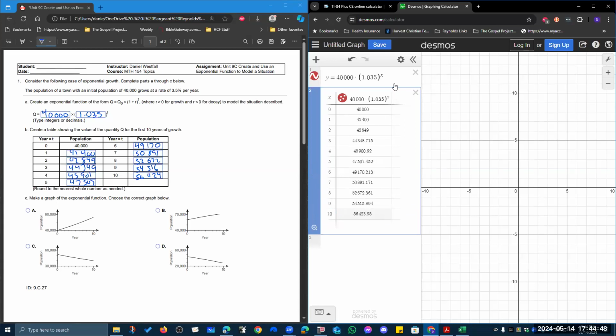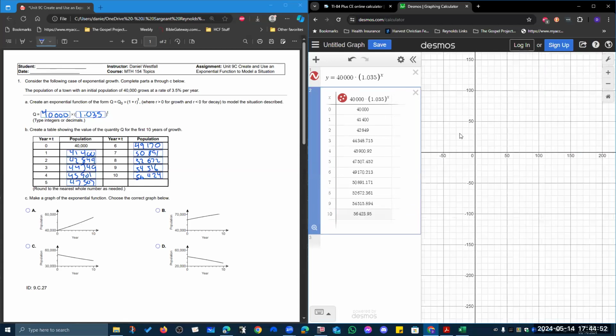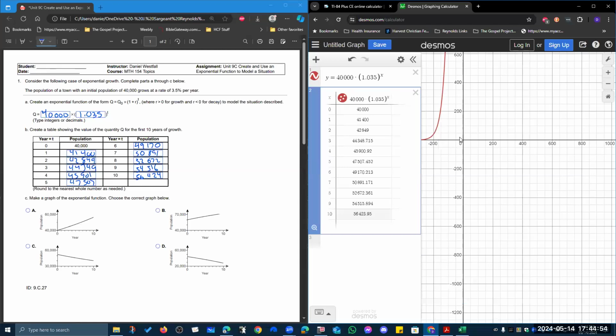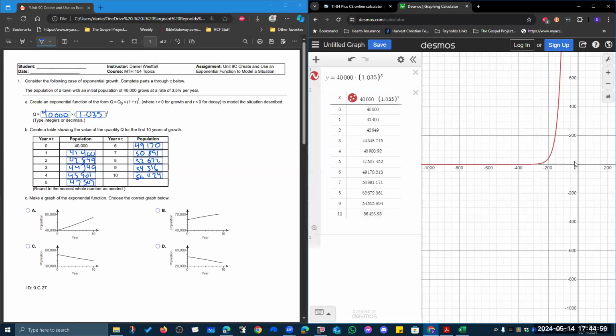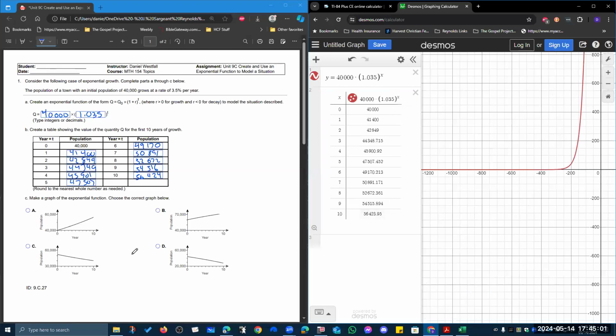Now, what you're also going to get from Desmos here, if I zoom out, is the graph. I also am going to get this from my graphing calculator. The window here is from 0 to 10.